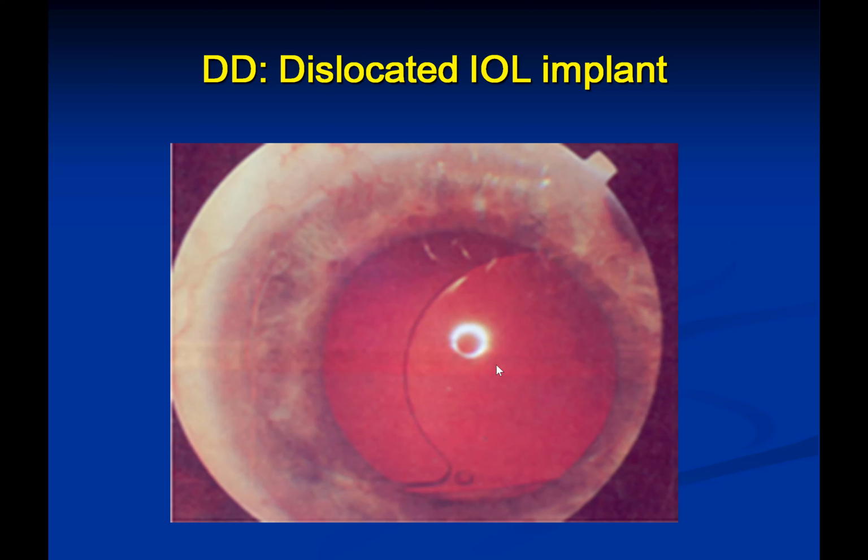Any angle of the lens may be damaged by the finger of the child or any other blunt trauma accidentally, and the lens may subluxate from the capsular bag to one side. The patient will have all the symptoms of a subluxated lens, and treatment is recentering of the lens surgically.